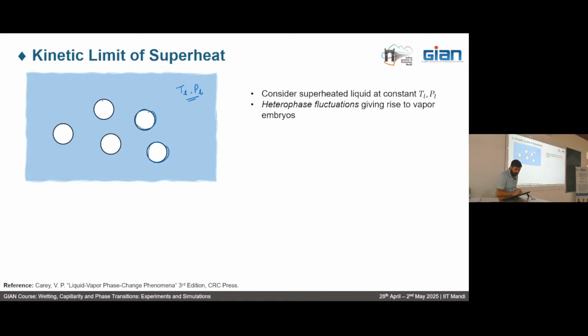They can be of different sizes, having different numbers of molecules, but these embryos are formed because of heterophase fluctuations. The size distribution of these vapor embryos will be a function of Gibbs free energy. We can write Nn equals rho NL times exponential of minus delta G(R) by KB TL.